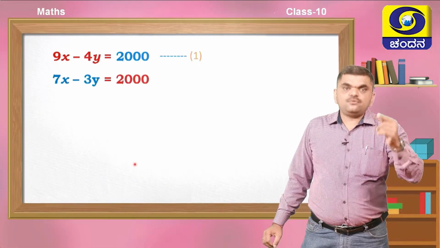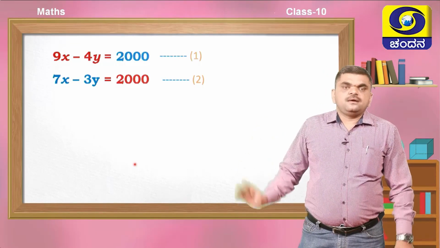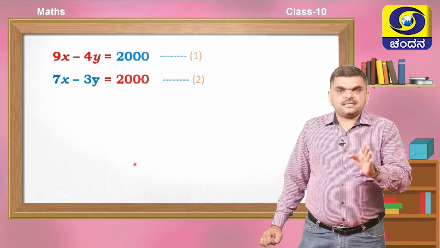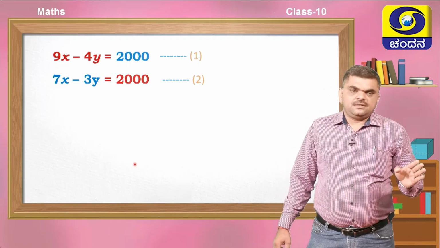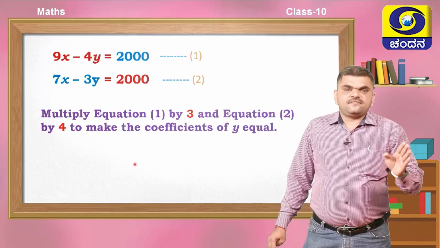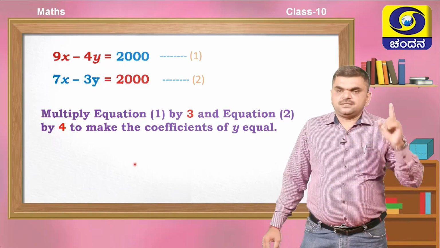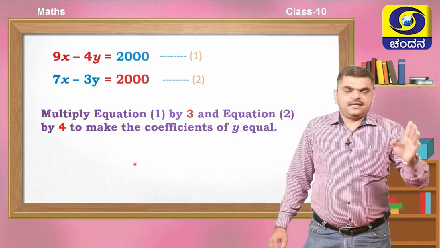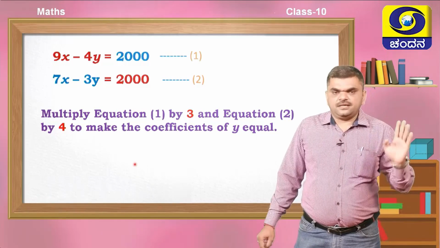Both will save 2000. So, the first equation is 9x minus 4y is equal to 2000, and the second equation is 7x minus 3y is equal to 2000. Children, again I am stressing, writing the proper equation is very important here.